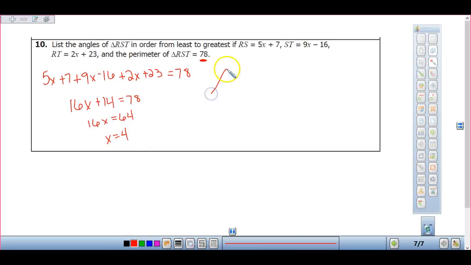Okay, so if I'm drawing my triangle, and I've got R, S, T, I'm plugging these in. 5 times 4 is 20, plus 7 gives me 27. ST, 9 times 4 is 36, minus 16 is 20. And if I'm plugging in here, 2 times 4 is 8, plus 23 is going to give me 31.